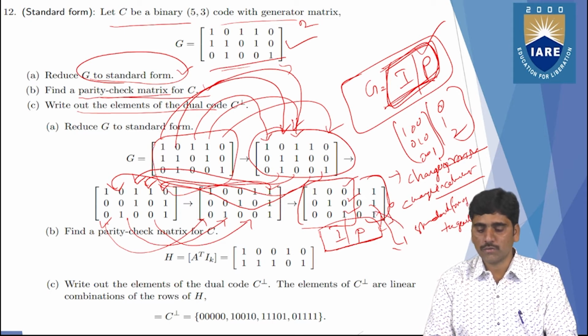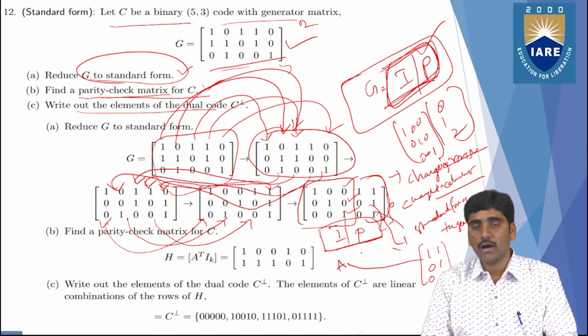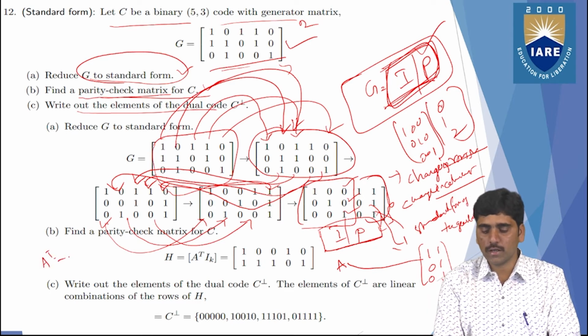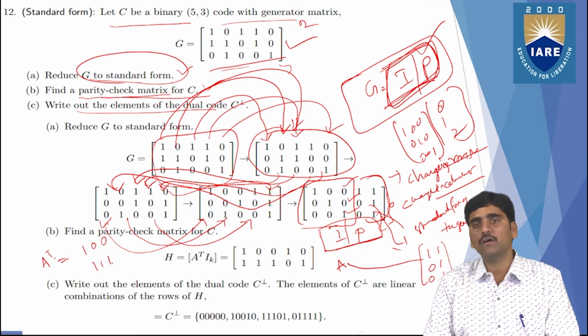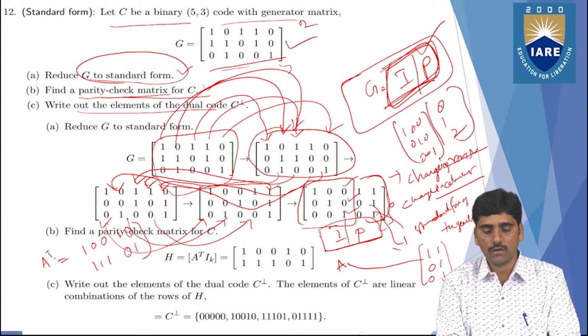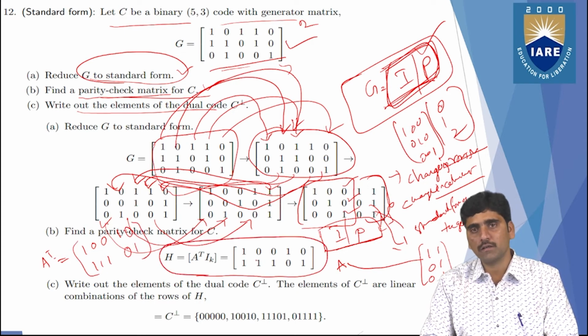From this matrix, 1 1 0 1 and 0 1, this is A, and after applying A transpose it will become like 100 and 111. For this we are going to add the I matrix, so 1001. Now this is the parity check matrix.